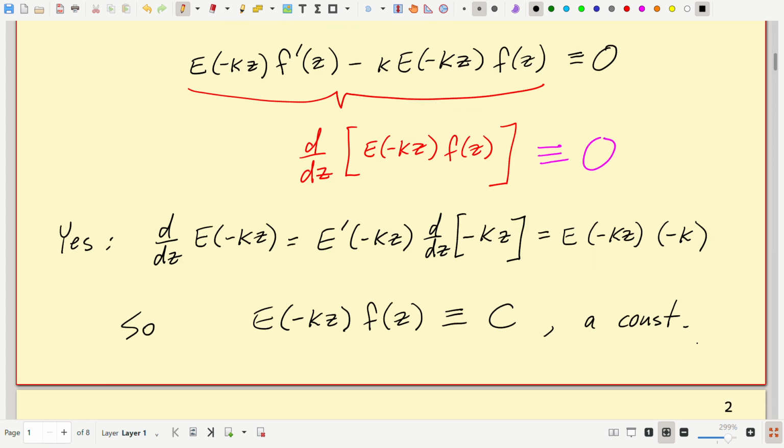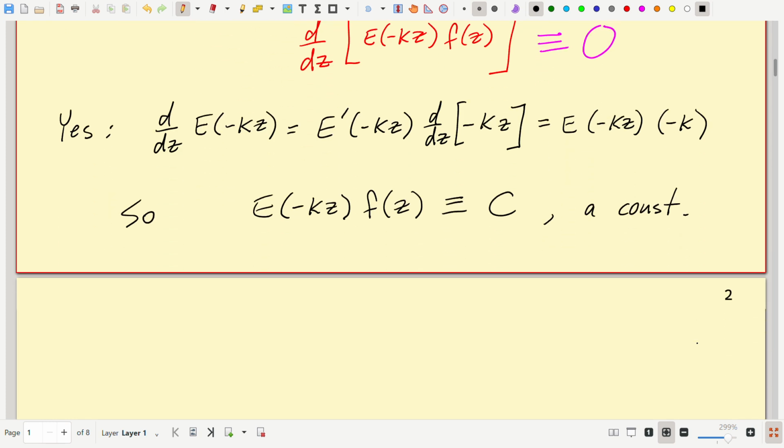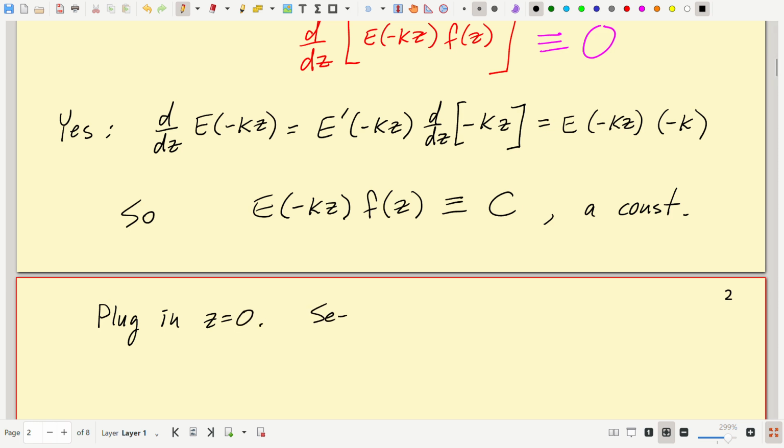And we see what that constant is by plugging in z equals 0. We would see that that constant is equal to f of 0, because remember, e to the 0 is 1.